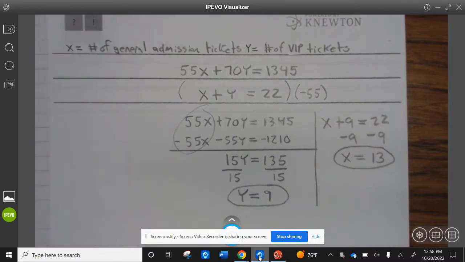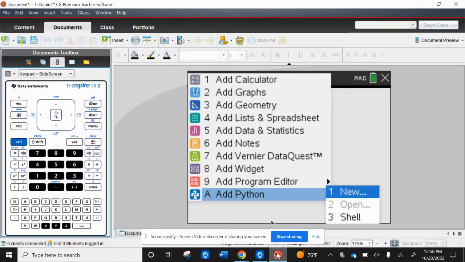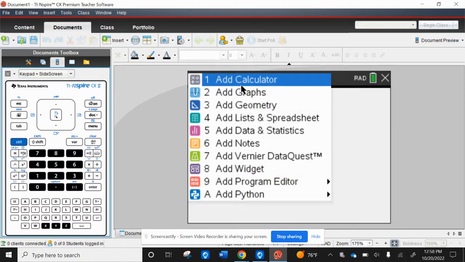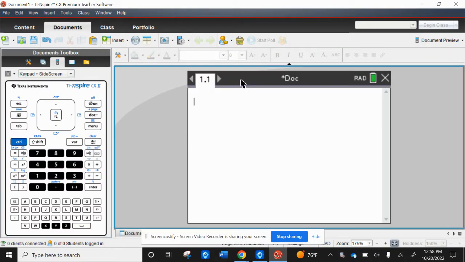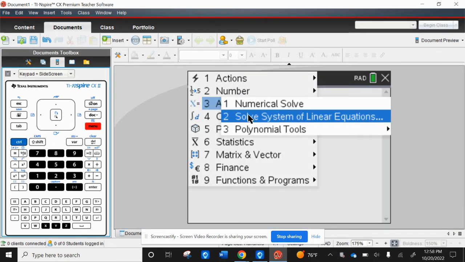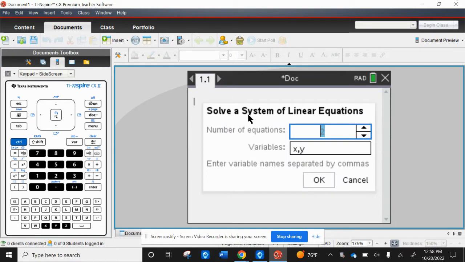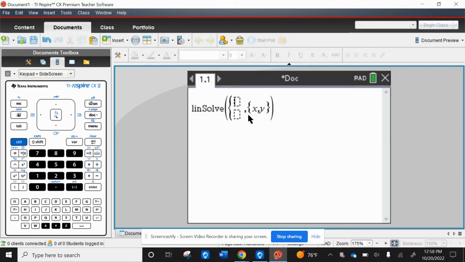Okay, so now let's go ahead and check our work. We're going to go to Add Calculator, go to Menu, Algebra, Solve System. Press OK, and then we have 55x plus 70y equals 1,345, and then x plus y equals 22.